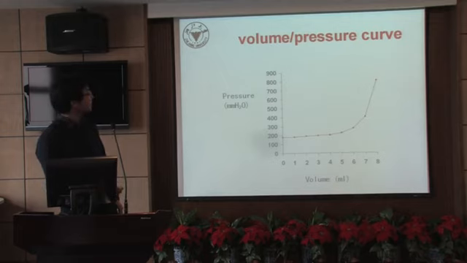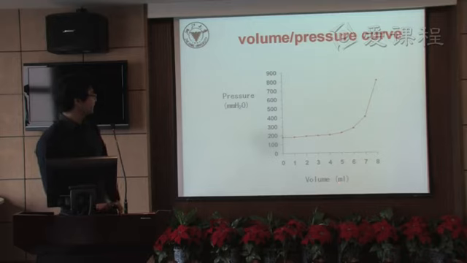Now we look at the curve between cranial cavity volume and the intracranial pressure. From this curve, we can see if the volume increases less than 6 milliliters, the pressure does not increase so much.